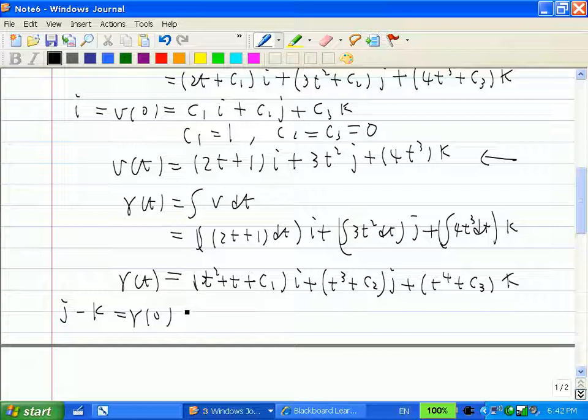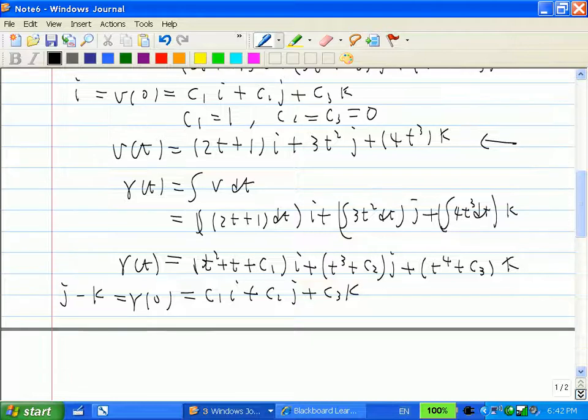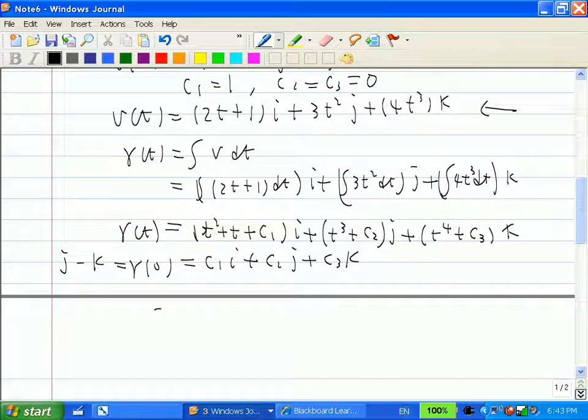Looking at the right hand side, let t equal 0: the first term gives C1 i, the second gives C2 j, and the third gives C3 k. Comparing the left hand side with the right hand side, C1 this time must be 0 because there's no i on the left hand side. C2 must be 1 because the coefficient of j on the left is 1, and C3 must be minus 1.